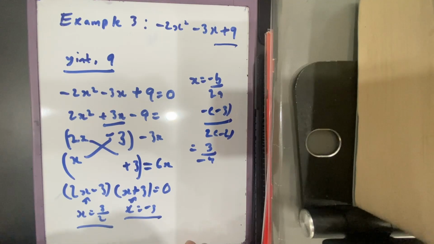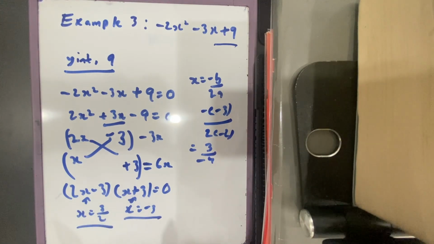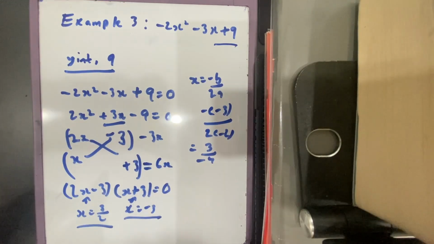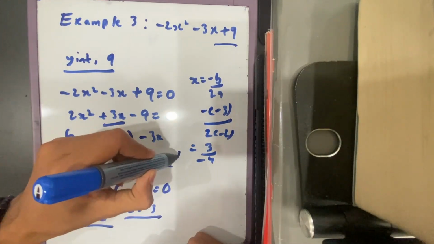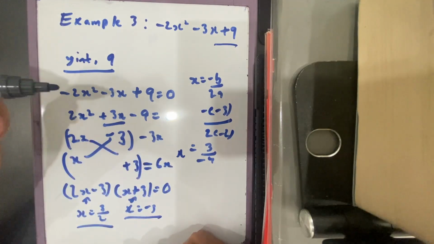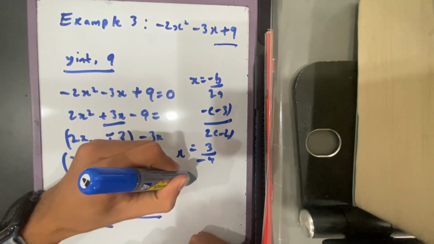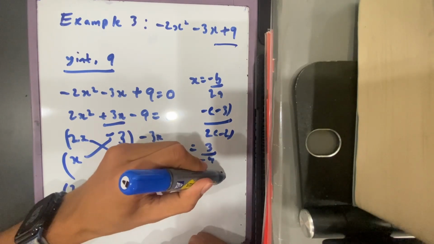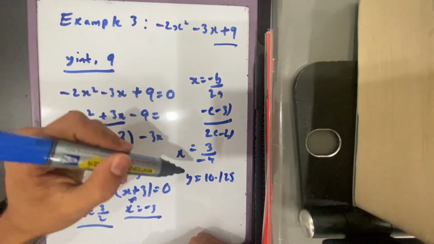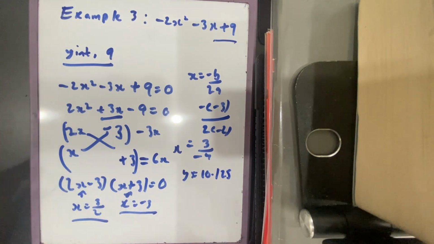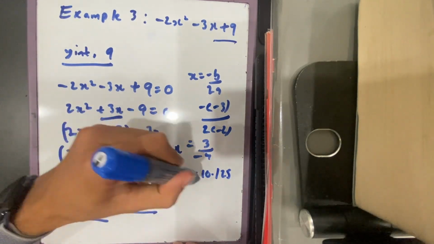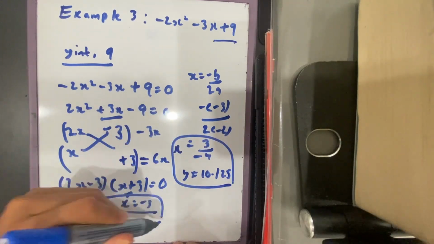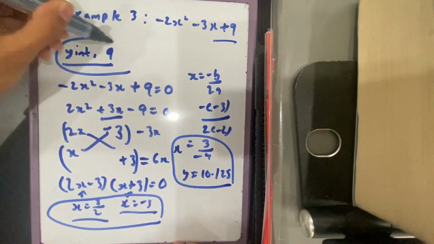So this is our axis of symmetry. Now, when you substitute your x coordinate for your vertex, you would get approximately 10.125. So we've got our 3 things: our vertex, our x-intercepts, and our y-intercept.